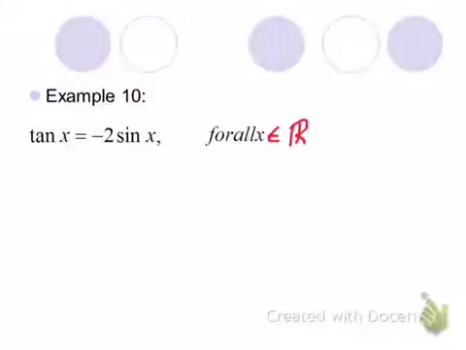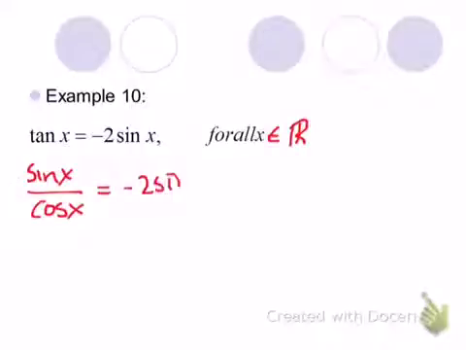Write tangent in terms of sine and cosine, and that's a really good thing to do. Sine x over cosine x equals negative 2 sine x. Okay, now what?